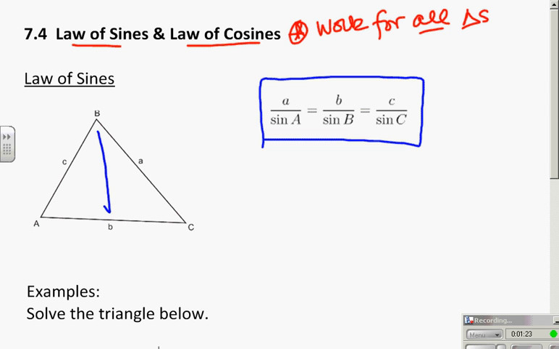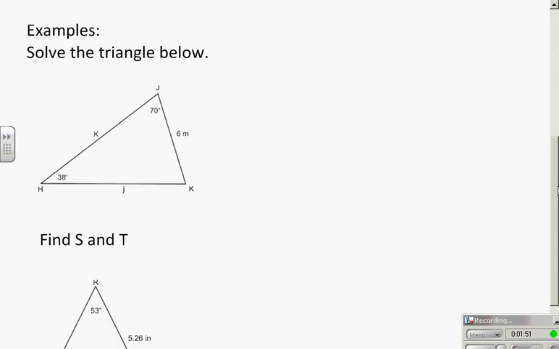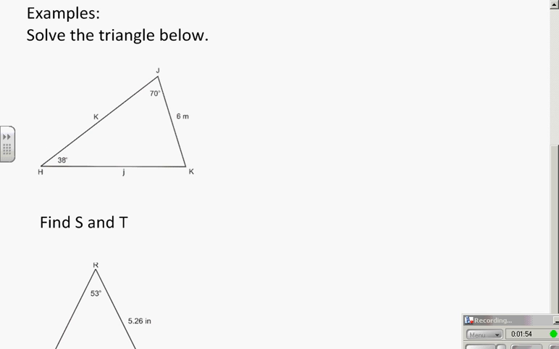The way this works is that I have the sine of b and its side b, the sine of a and its side a, and the sine of c and its side c. So you set up the sine of the angle and its side opposite. And it doesn't matter if you have the side on top or the sine of the angle on top. Either way works. So for example, solve the triangle below.